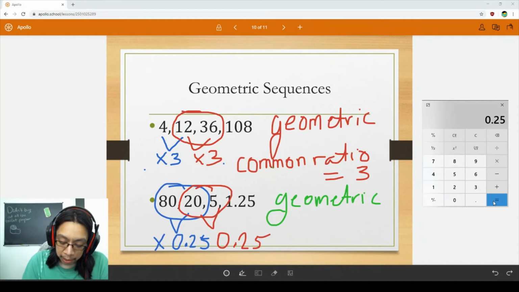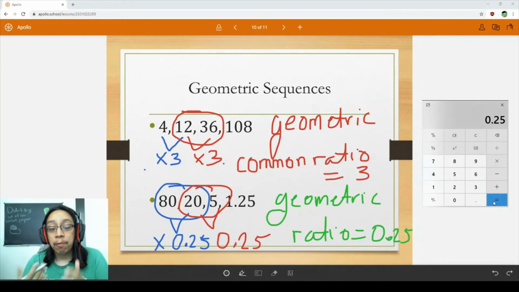And it also means that my ratio is going to be 0.25 because that's what we're multiplying by each time. In other words, every single time I take the number on my list and multiply it by 0.25, my number is going to end up getting smaller.